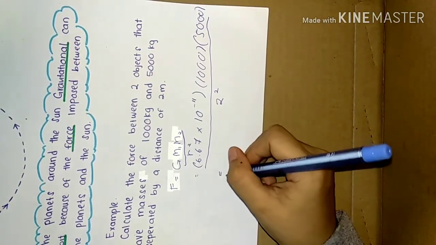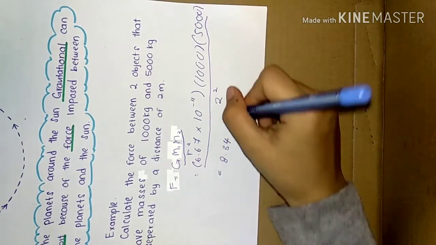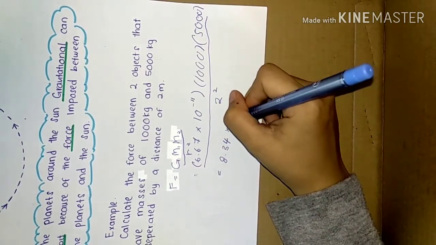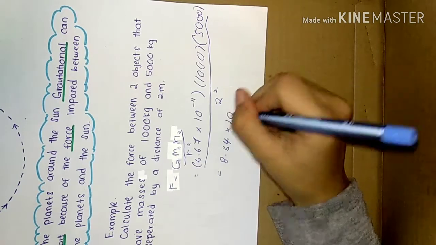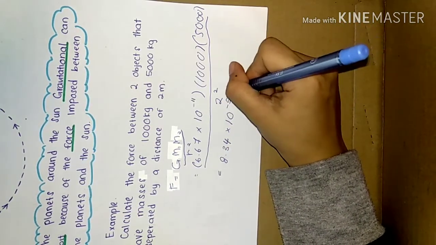Okay, so the answer will be 8.34 times 10 to the power of -5 Newton.